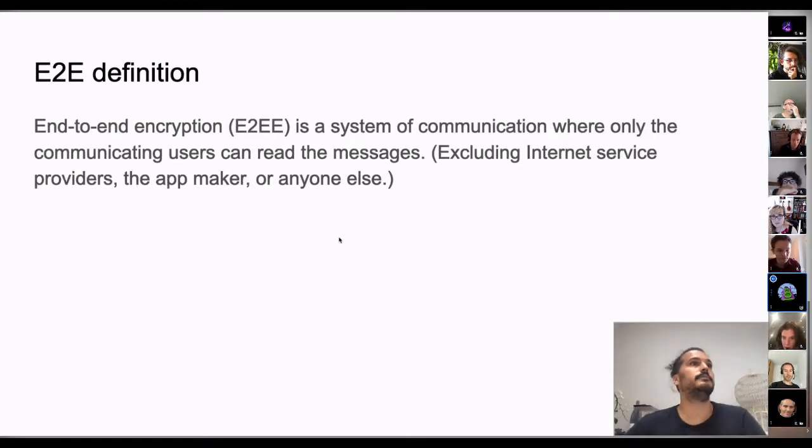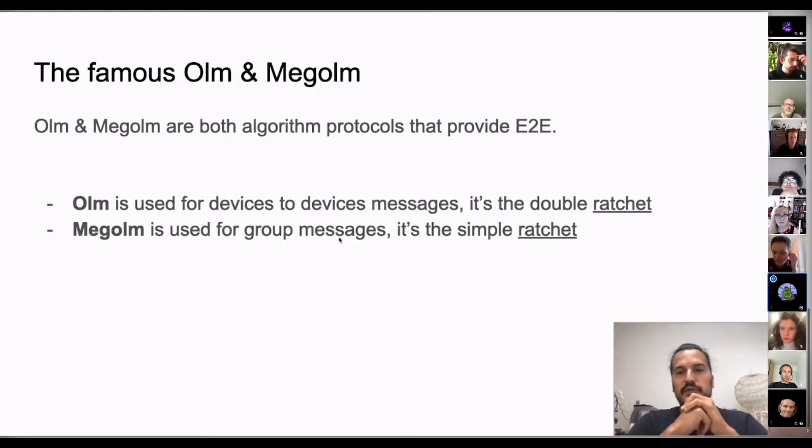So I will start with the basic definition of E2E. You all know it, but basically it's a system of communication where only the communicating users can read the messages. So no one else, not the internet provider, not the app maker, not the server, no one. In Matrix, you may have heard about the famous Olm and Megolm.